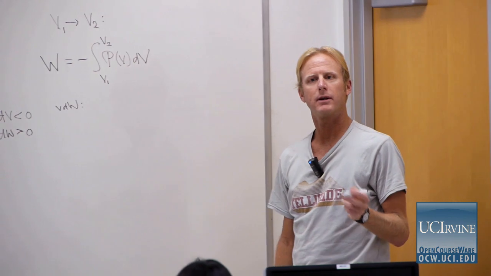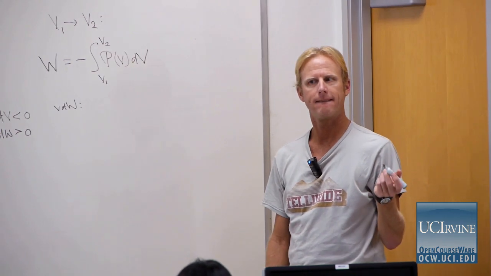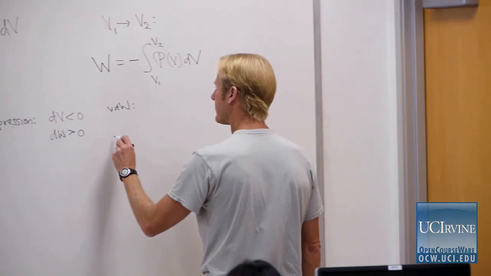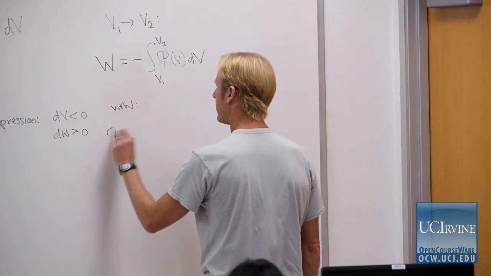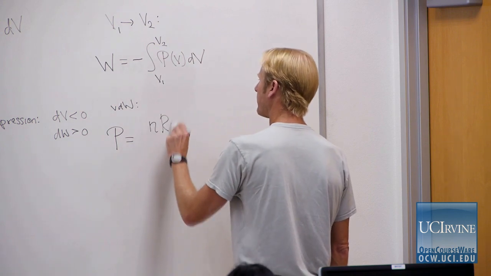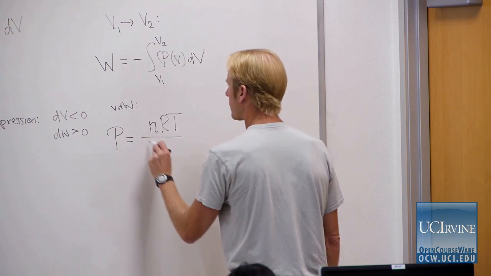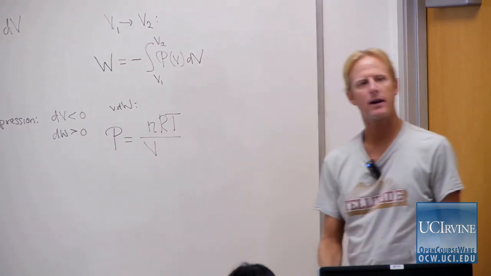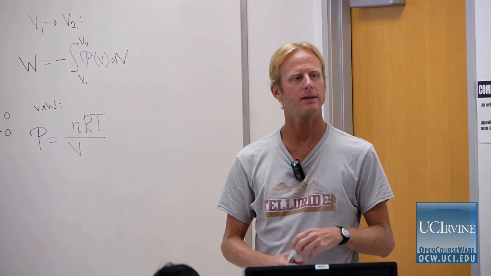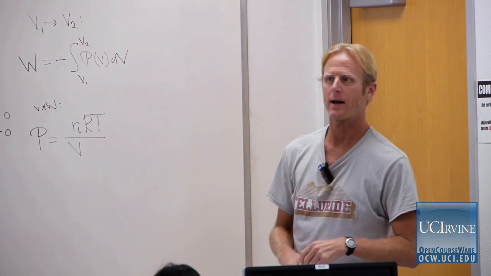Does anybody remember the van der Waals equation of state? Well, what you do is you start with the ideal gas law. What does the van der Waals equation of state have in it that makes it more realistic than the ideal gas equation of state?